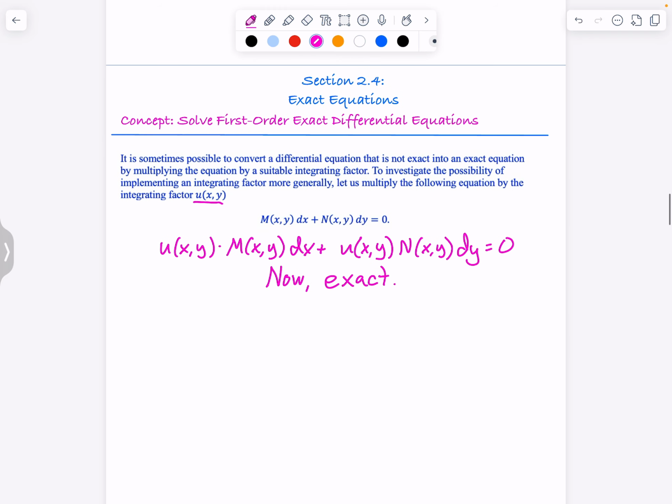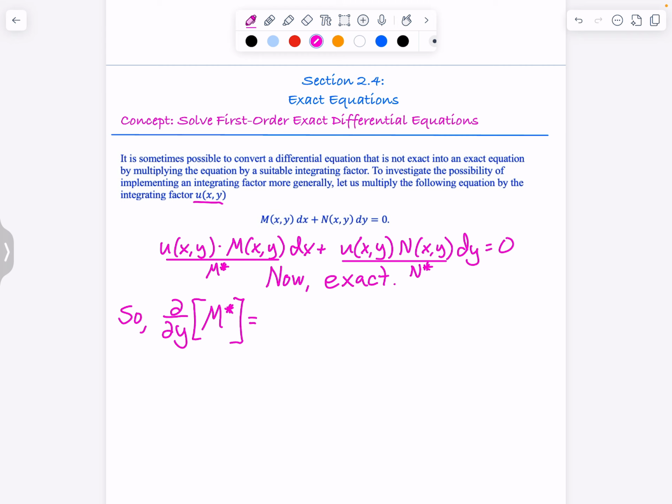So if that's the case, I'm going to take the derivative with respect to y of my M. This is my new M, by the way, let's call it M star. And this will be my new N, which we'll call N star. So I'm taking the partial of M star with respect to y.